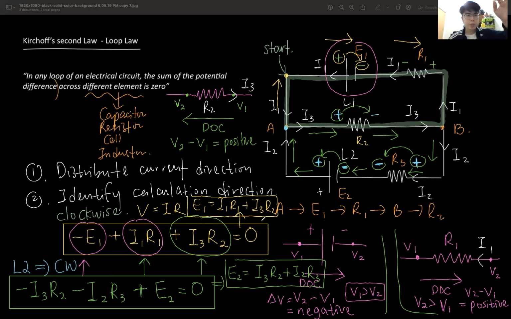From the Kirchoff's second law, equations, okay, E1, I1, R1, E2, I3, I2. And using these two equations, we can solve simultaneously to find I1, I2, and I3, which I will show you after this slide.